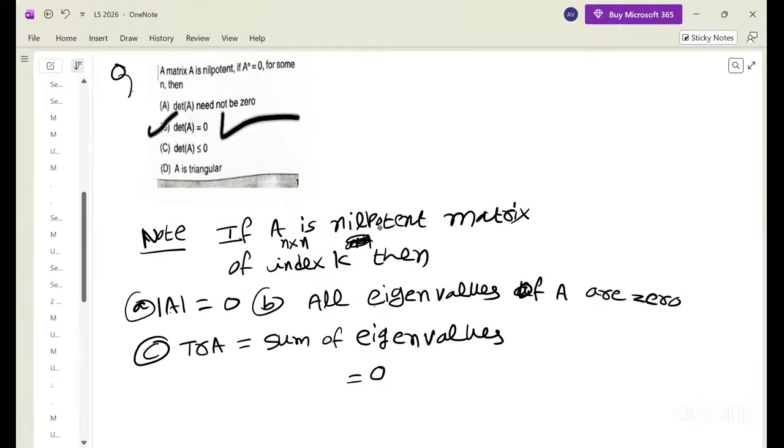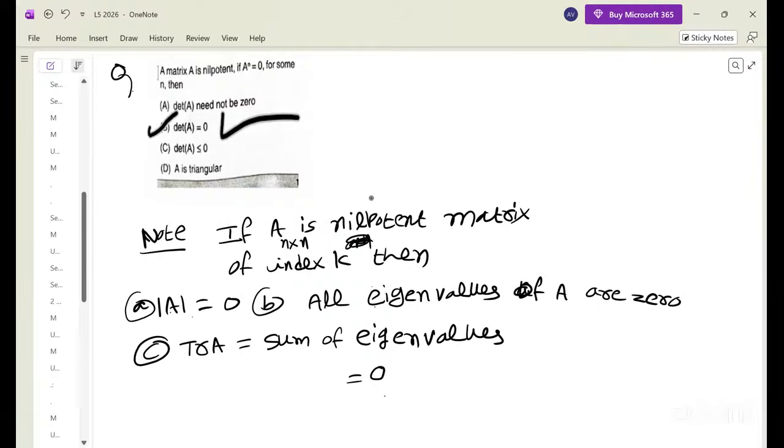Therefore, if A is nilpotent, what are all the conclusions we can draw? That det A is 0, all eigenvalues of A are 0, trace A will be 0. The converse need not be true. Don't conclude that A is nilpotent because trace A is 0. That is not true. Trace A may be 0, but A need not be nilpotent.